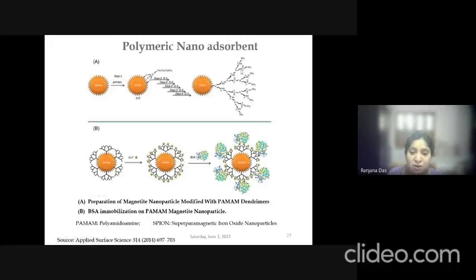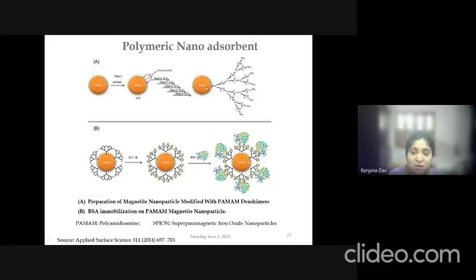Since the magnetic core is there, whenever it is added to some aquifer and after the treatment we want to separate it, we have to use a permanent magnet there. If the permanent magnet is there, then what will happen? It will attract this core.